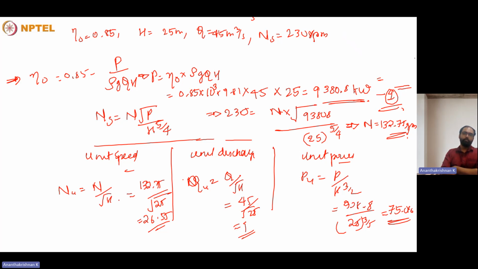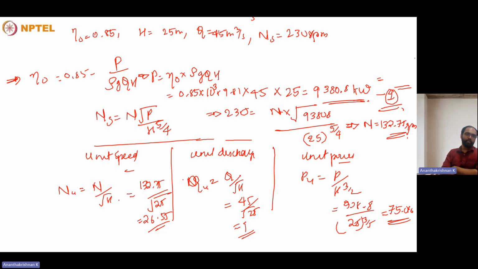In this particular problem, this 230 corresponds to the dimensional form of the specific speed in terms of RPM. If it is represented in terms of the dimensionless quantity, it should be written as N root P divided by rho, divided by G H raised to 5 by 4 in the case of a turbine.